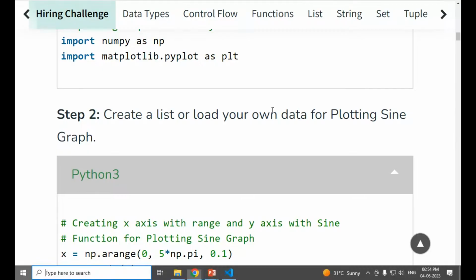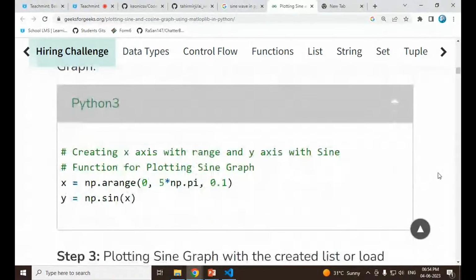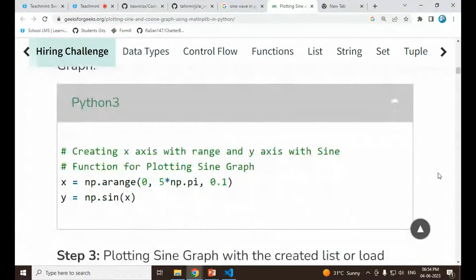Okay, as you write it, I will just load. Okay, writing it. Quickly do it. Fast.